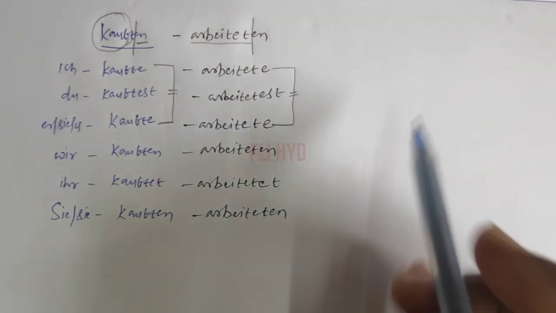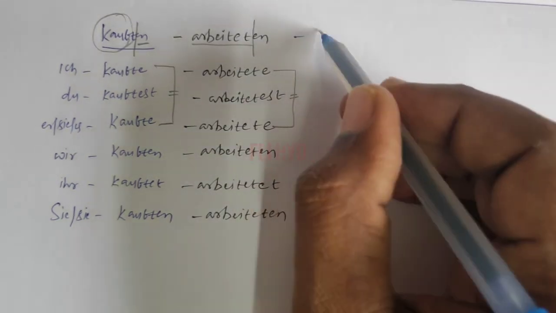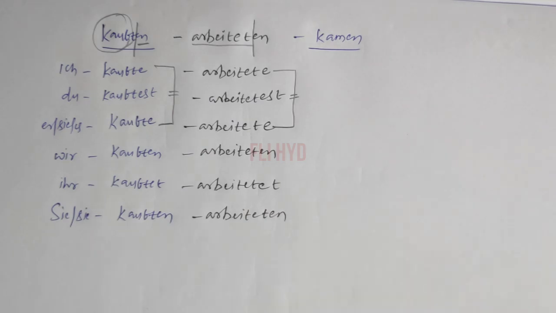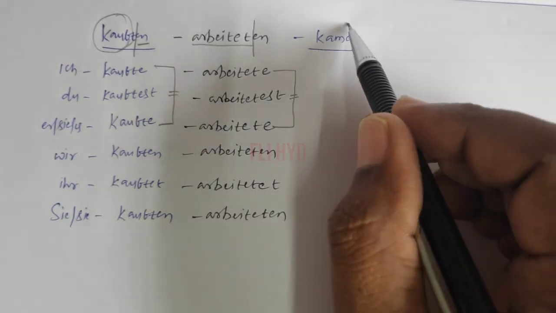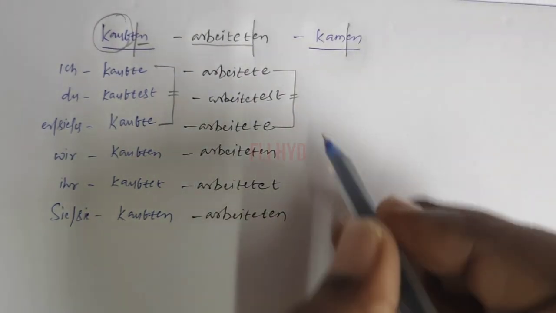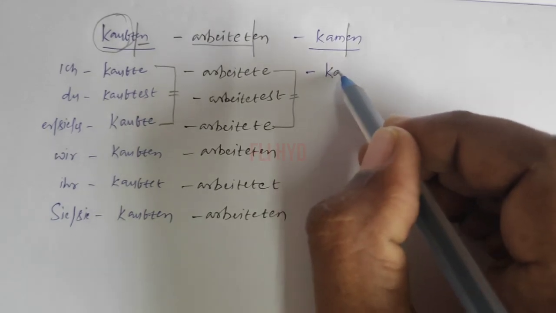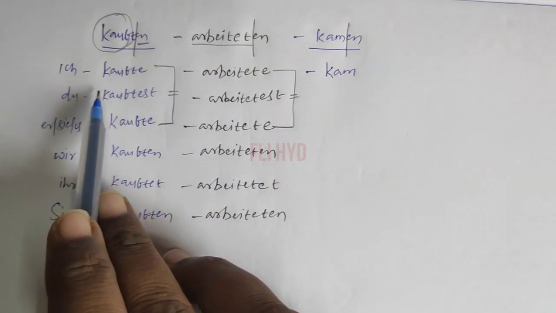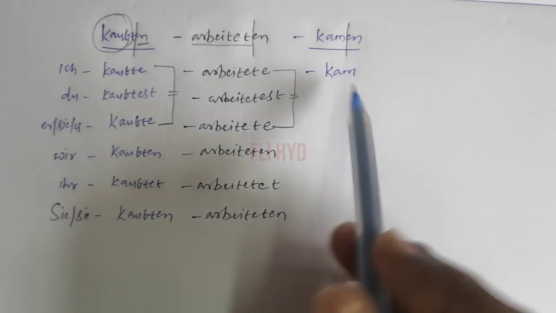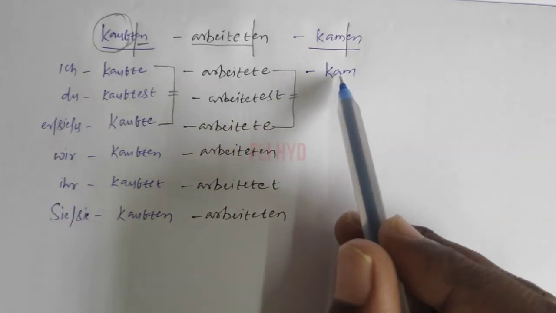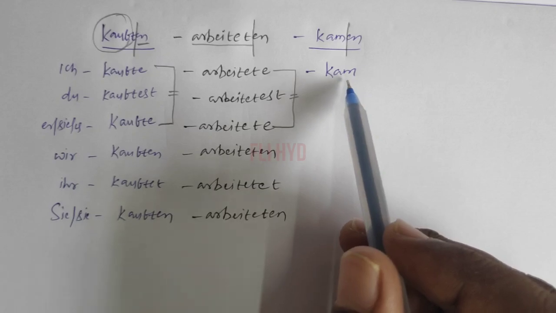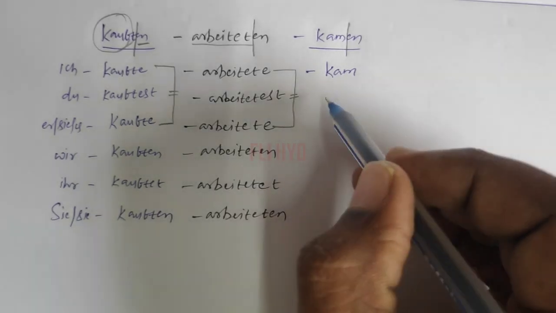Clear? Next one. These two are both weak verbs. Now we'll take a strong verb like kommen. Kommen past tense: kamen. What is the stem here? The stem is kam. So ich. Normally for ich, in most cases we add e. But remember, in the Präteritum, for strong verbs, for the ich form we don't add anything, we write only the stem. So ich kam.